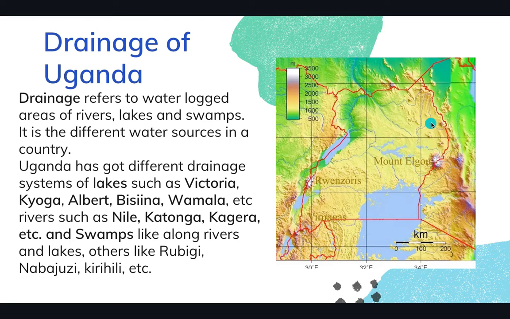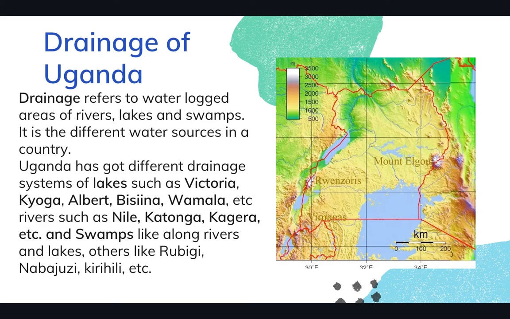And then one of the longest and biggest, the River Nile, coming out of Lake Victoria around here, the Victoria Nile, the Albert Nile, and then moving up to Sudan and up to the Mediterranean Sea.